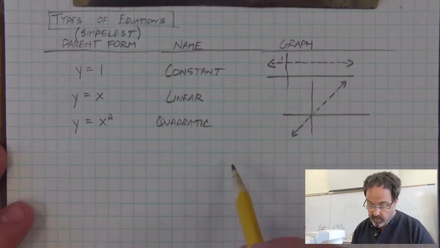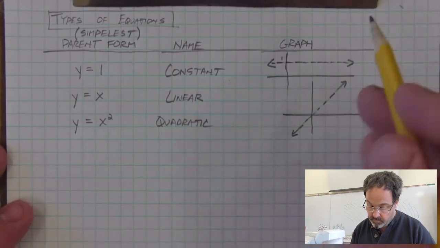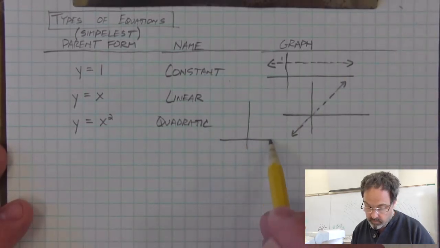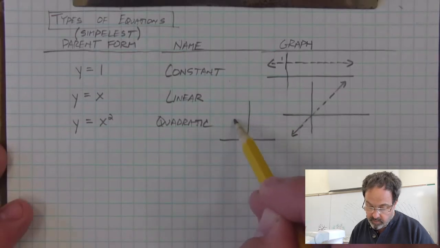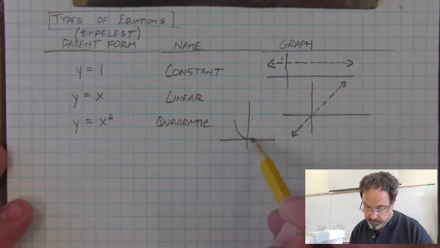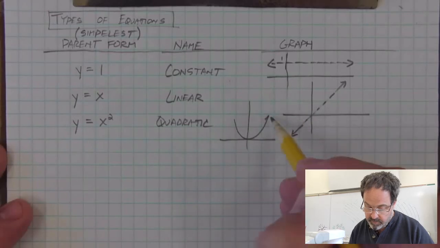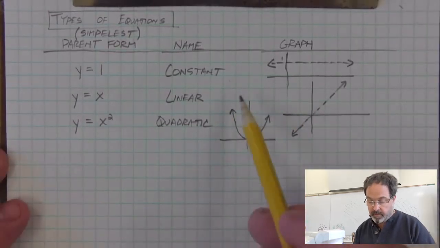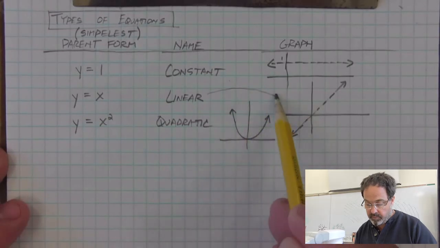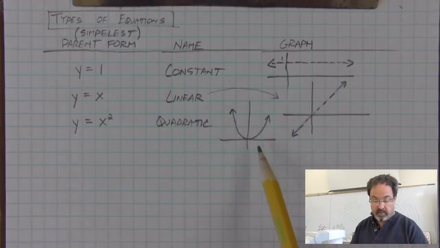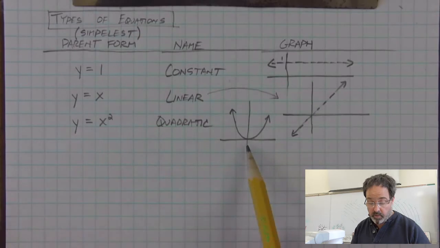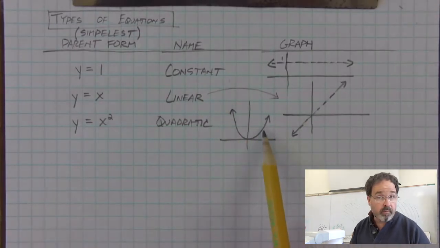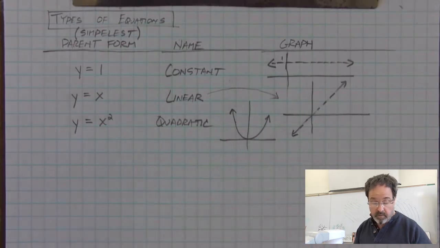And a graph of a quadratic equation we'll put in here is a curve. In this case, a curve that opens up. The linear equation's graph we're going to point to over here. And this curve, sometimes we call the graph of a quadratic a parabolic curve. That curve is a parabola.